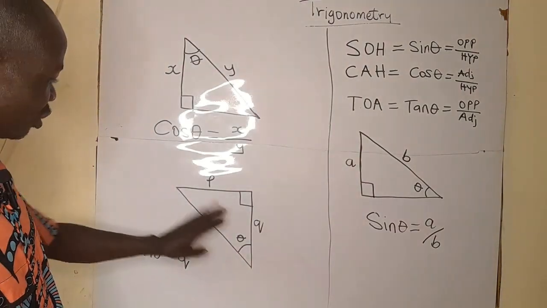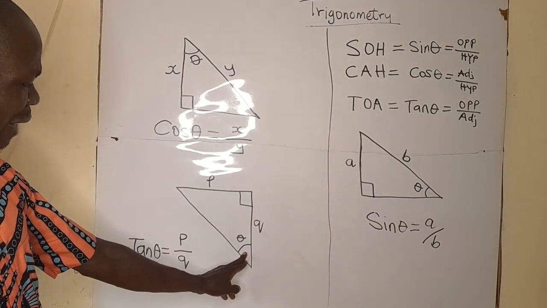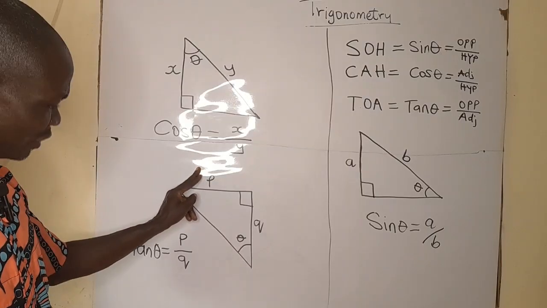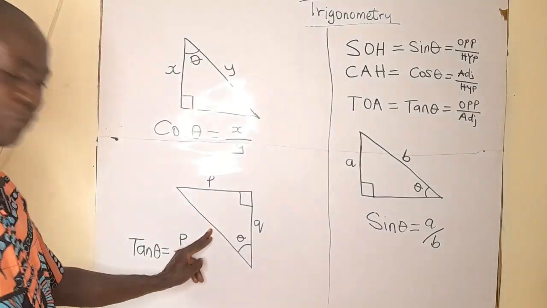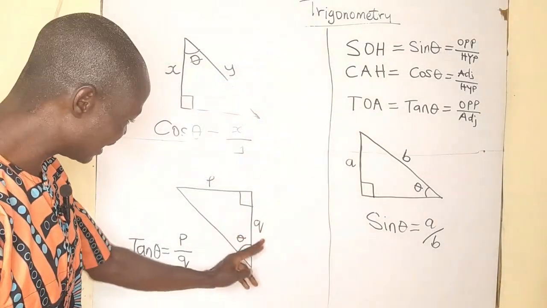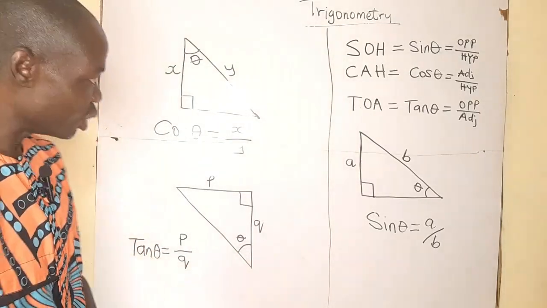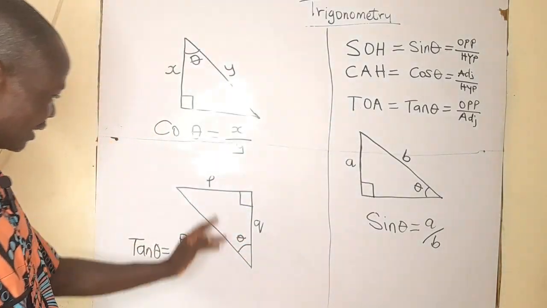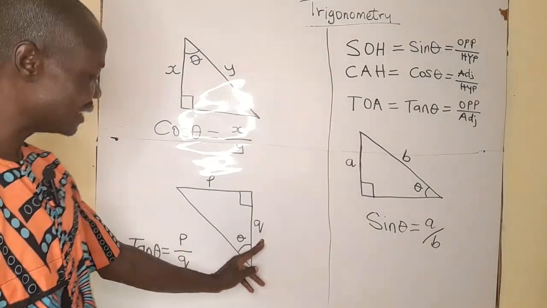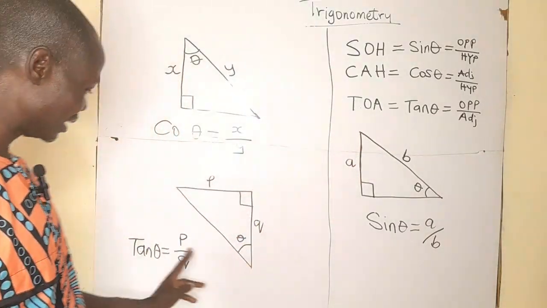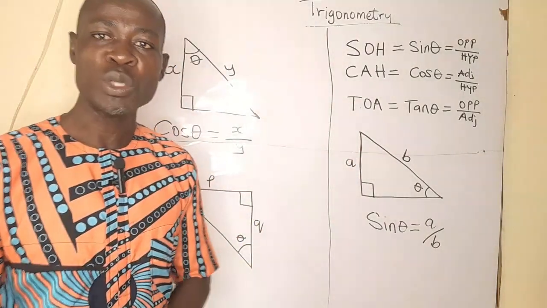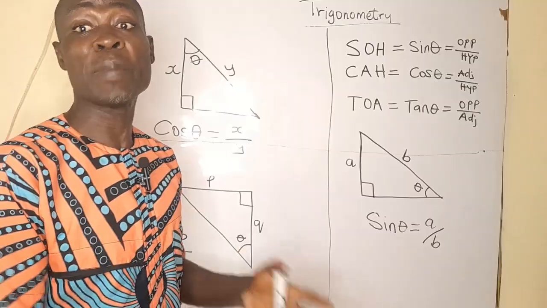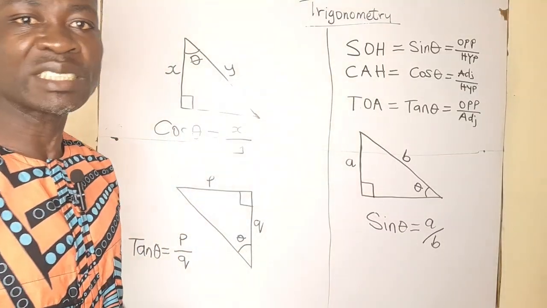Looking at the third one, my angle is facing P, hypotenuse was not given, and adjacent was given. When I look at the trigonometric ratio, I can see opposite and adjacent, and opposite over adjacent is tan. That's how we pick these ratios. So you have to understand that very well.